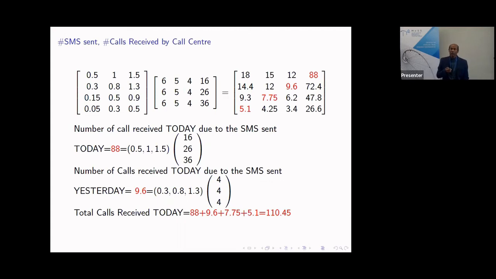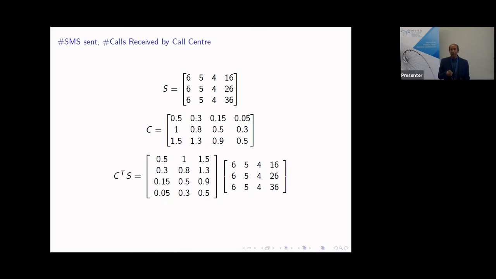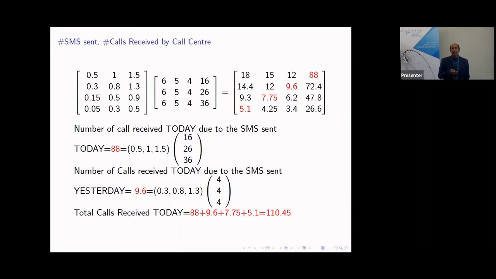How many people will call back today? I know the probability is different for different groups. The first row is the probability for the low risk, the second medium, and the third high risk. And 88 is the number of calls I estimate for my action today, sending 16 SMS.